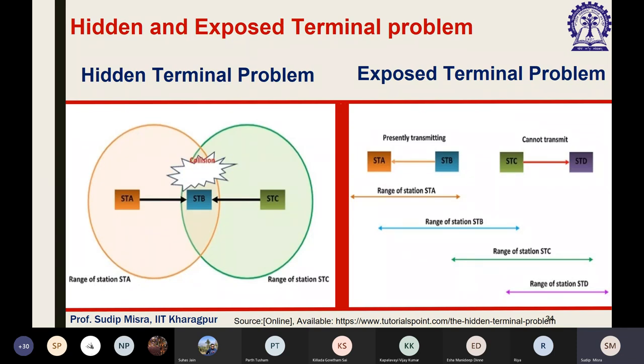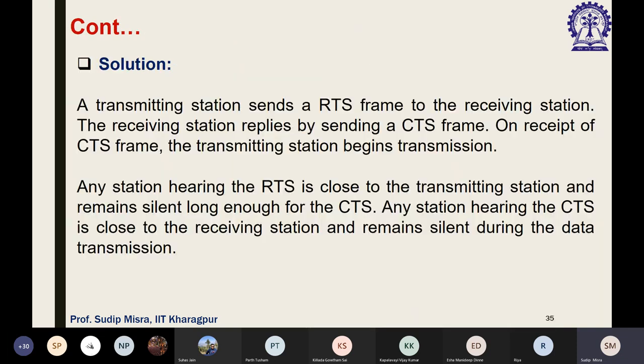Even if they do not want to send frames to that exposed station, that exposed station also cannot transmit because it thinks that there is some transmission going on, and that leads to underutilization of the channel. So hidden terminal and exposed terminal problems are typical problems that occur in wireless networks.